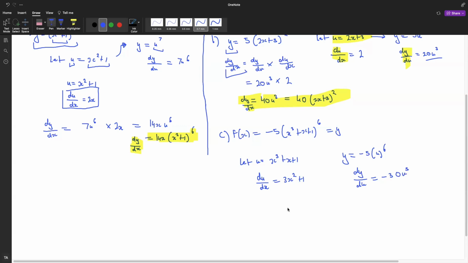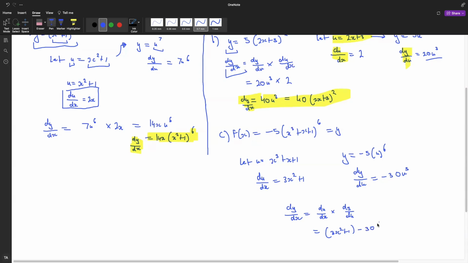Okay, and therefore our dy over dx is equal to du over dx times dy over du. Now du over dx is equal to 3x squared plus 1. And dy over du is equal to -30u to the power of 5.